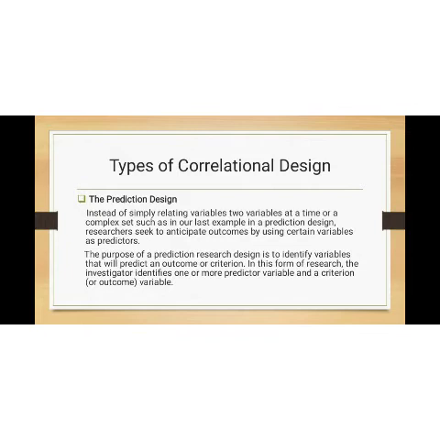For example, superintendents and principals need to identify teachers who will be successful in their schools. To select the teachers who have a good chance of success, the administrators can identify predictors of success using correlational research.